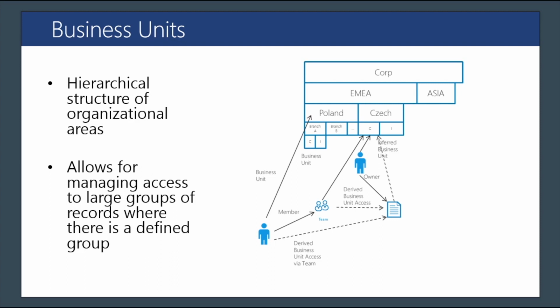If the security role said parent-child access and the user was a member of corp and the team was a member of Poland, then that's going to grant access to the team's business unit, which is Poland, and any business units below it. If you have more detail on that question, feel free to add more questions and we'll revisit.